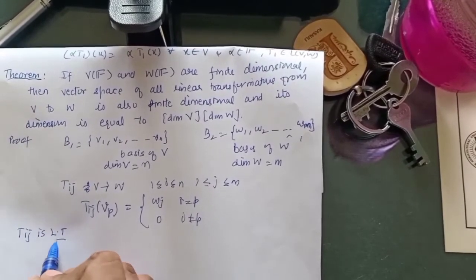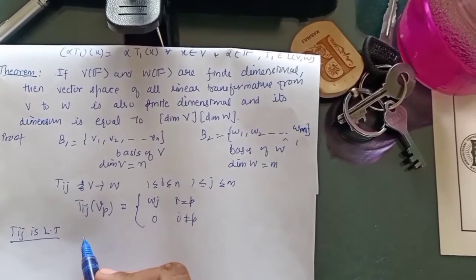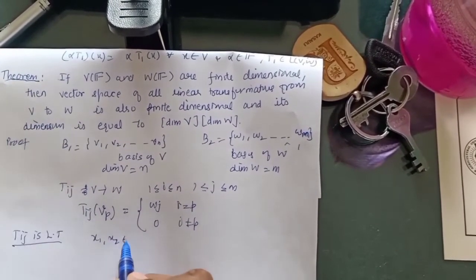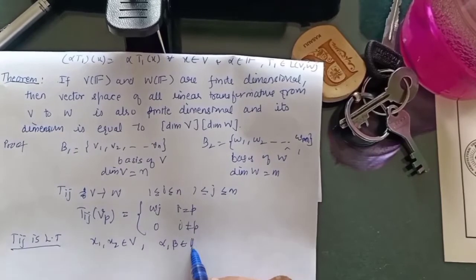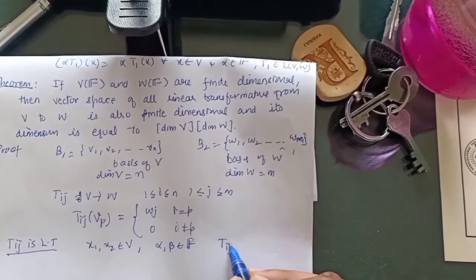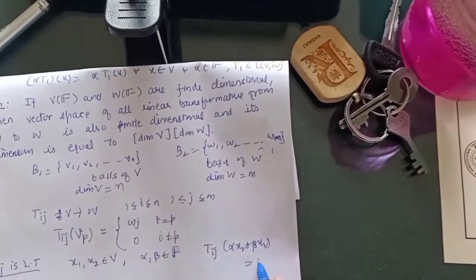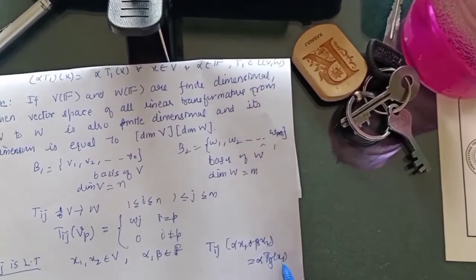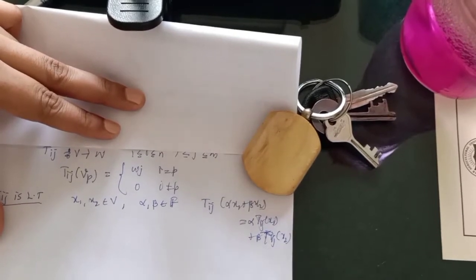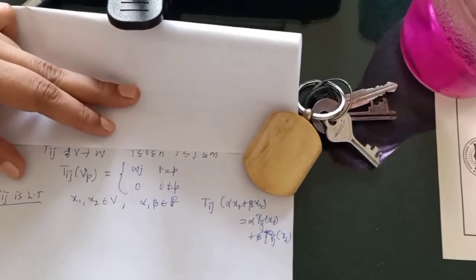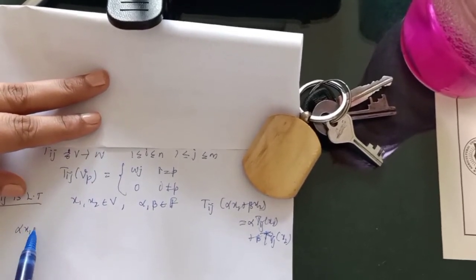So in order to prove it as a linear transformation, we will take two vectors, say x1, x2 from V, and two scalars, let me write alpha, beta from the field, and we will prove that Tij of alpha x1 plus beta x2 is equal to alpha Tij of x1 plus beta Tij of x2.